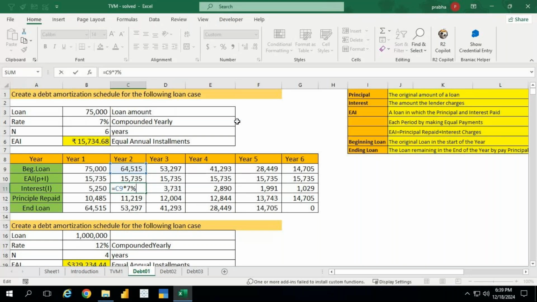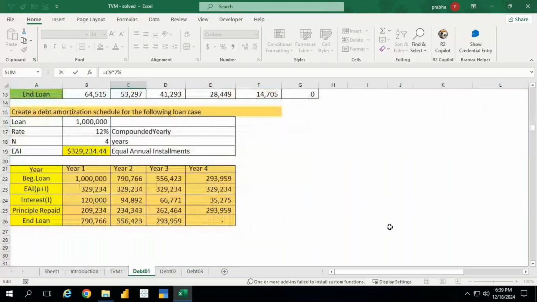Ma'am, can you please show the values of second year? Second question, ma'am. Ma'am, I've sent, ma'am. Where you are getting the error, ma'am?